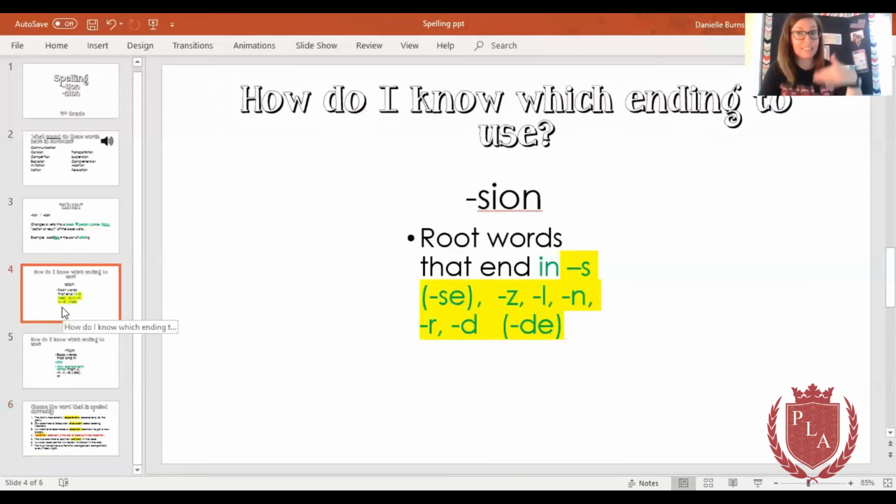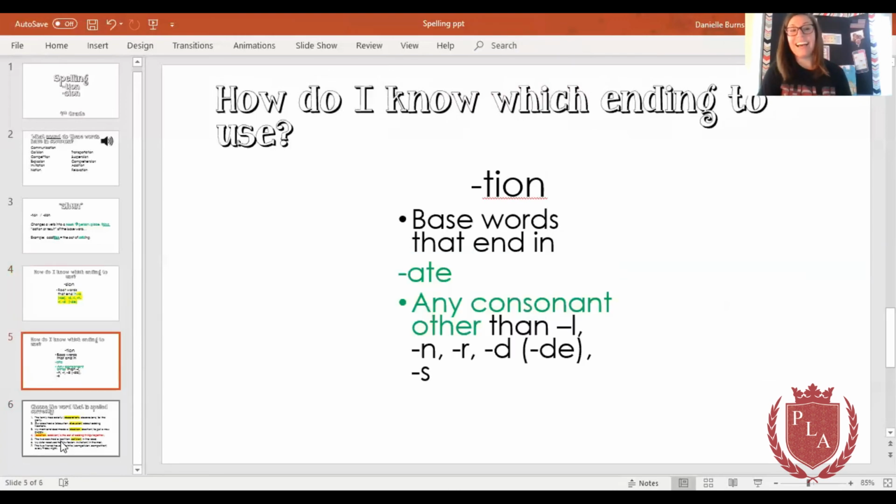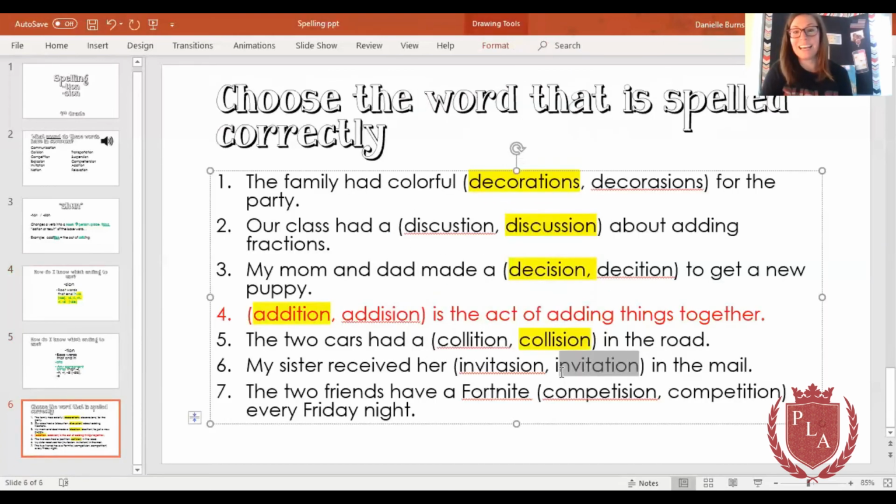So because it ends in something different, I know that I'm going to choose the T-I-O-N pattern. Last one. The two friends have a fortnight competition every Friday night. Competition, compete. It ends in that T-E. That's not one of our special letters, so we know that it ends in T-I-O-N. I hope you're starting to feel more confident with these two endings and when to use each one.